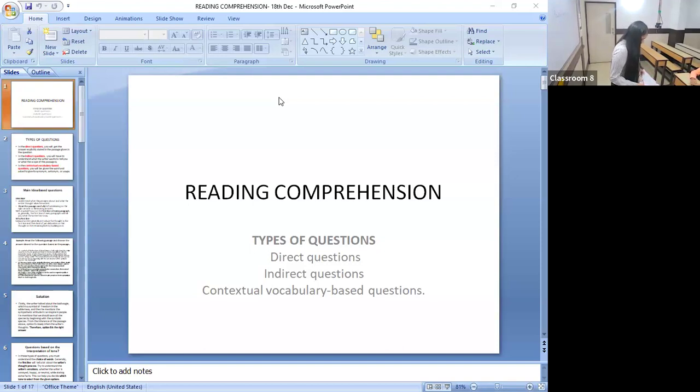You have sentence completion, para completion, RCs. I'm sure you must be aware of RC passages. So what we do in the sessions is break it into smaller parts for you so that it becomes easier for you to write it in an exam.